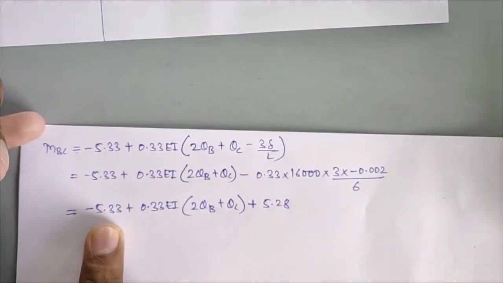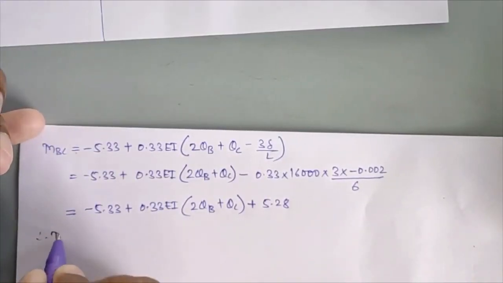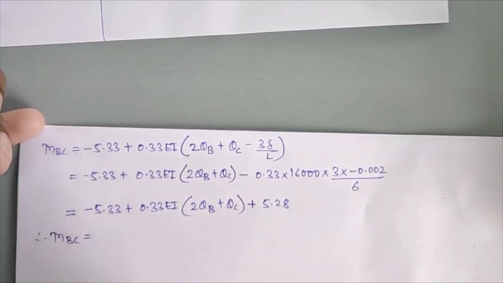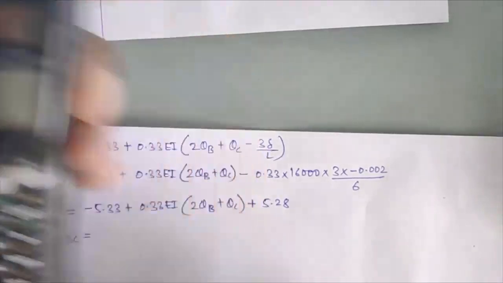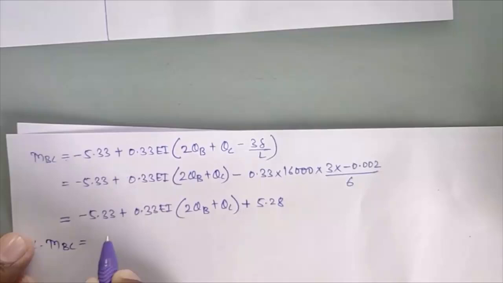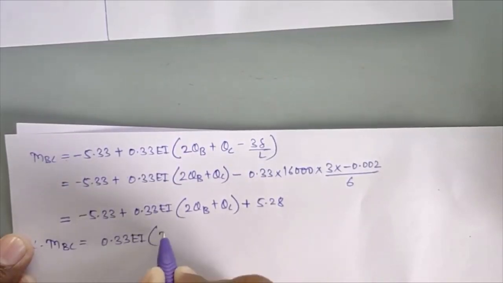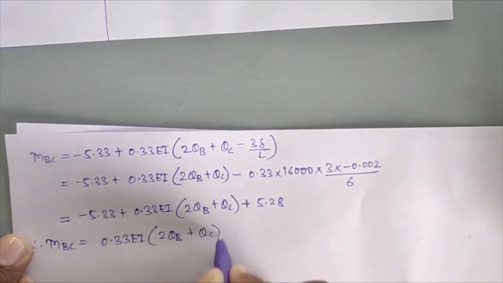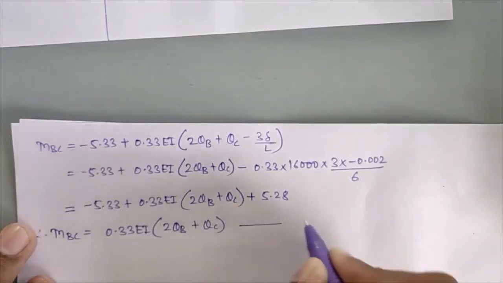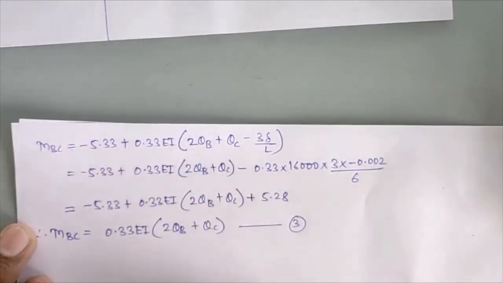You can simplify it with minus 5.33, so the final equation for MBC you will get as minus 5.33 plus 5.28, that is almost 0 value, so what will remain? Only 0.33 EI into bracket 2 theta b plus theta c, so that will be my equation number 3.